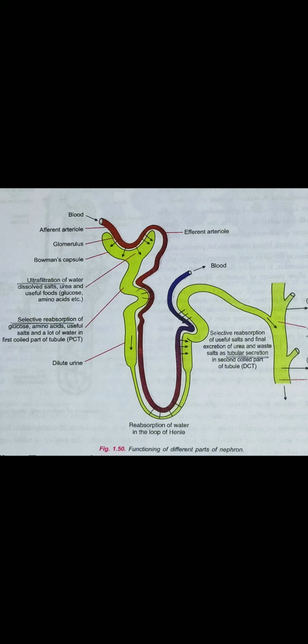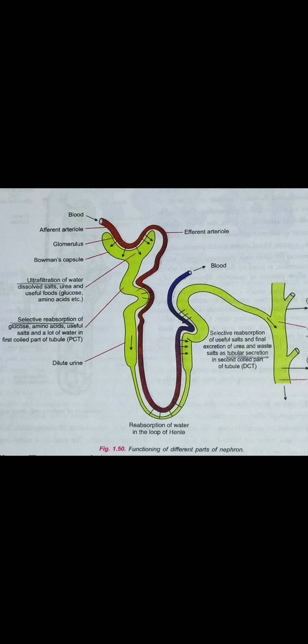The blood vessel entering into the Bowman's capsule, the afferent arteriole, carries blood to the glomerular region. The Bowman's capsule, which accommodates only one glomerulus, is mainly lined by small flat cells.